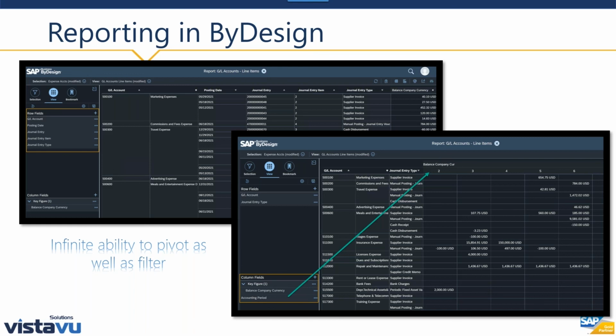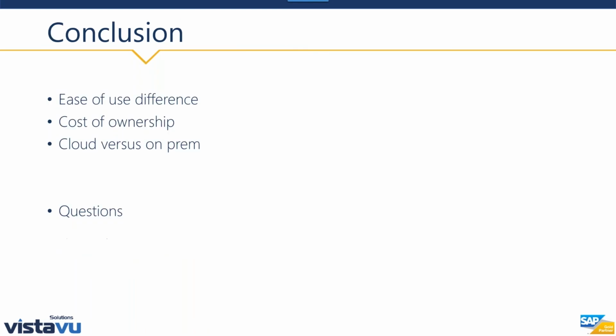So we do have places where people will step into the ByDesign tool and they will be up against a few things that they really liked, small features that either don't exist or just work differently, or are much more complex. So the parting thought we want to leave you is that the ease of use is really one of the big differences.